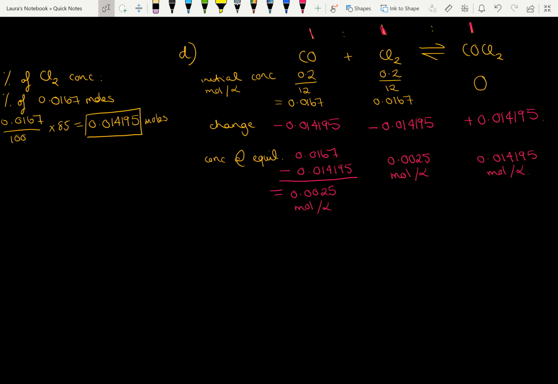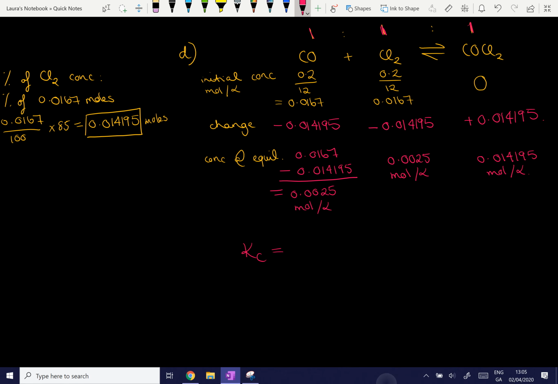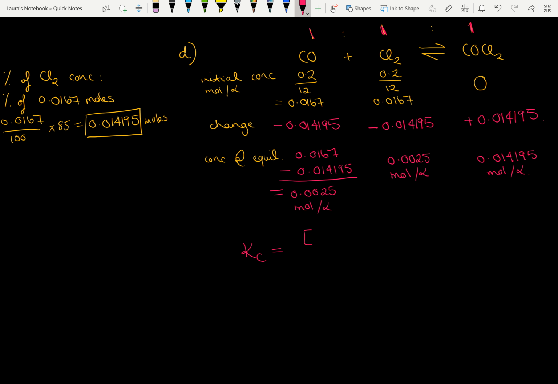Now, the question asks us to calculate the Kc, given that 85% of the chlorine had reacted. So let's write out our Kc equation again. Our Kc is our product divided by our reactants, and those square brackets mean concentration at equilibrium in moles per litre. We've calculated those concentrations at equilibrium, so we can fill them straight into our equation.